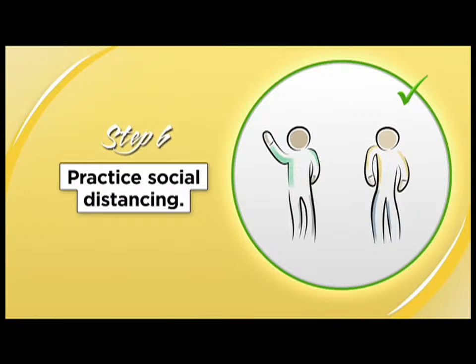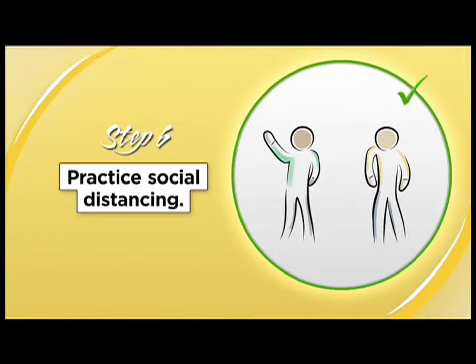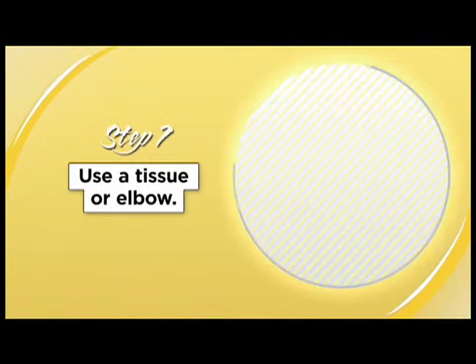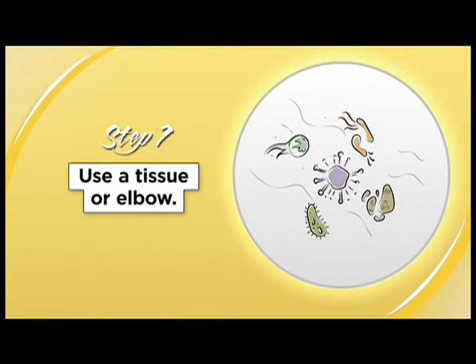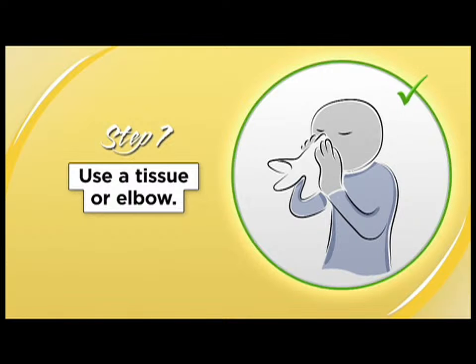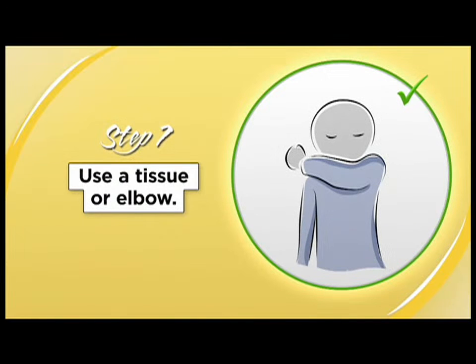While regulations may vary by country or area, the best guideline for social distancing is to maintain a distance of 6 feet from others. Germs can travel through the air from one person to another. If you sneeze or cough, do so into a tissue or the inside of your elbow to prevent the spread of germs.